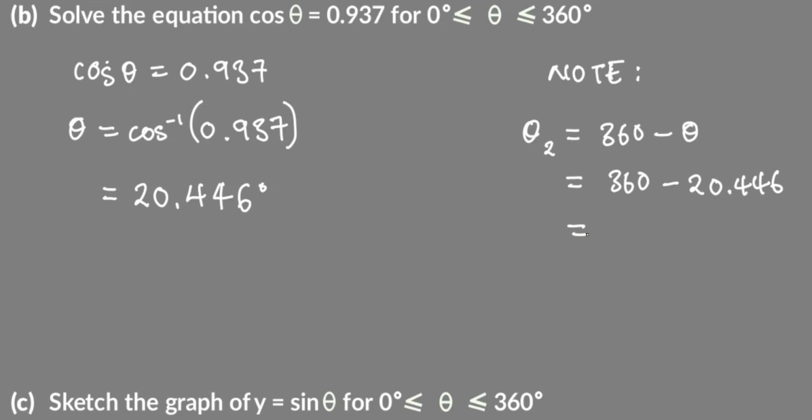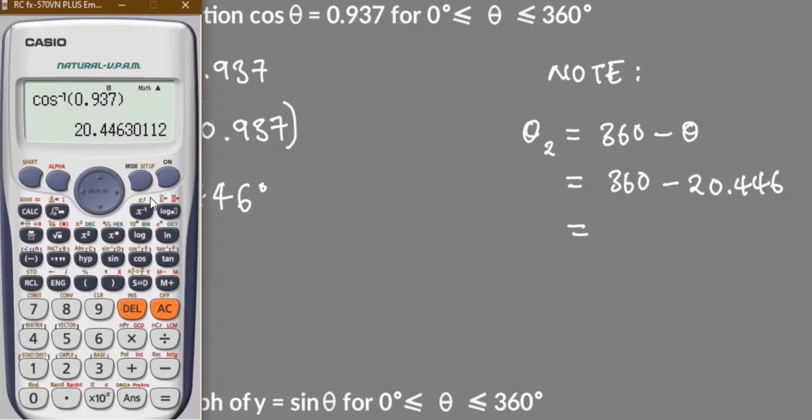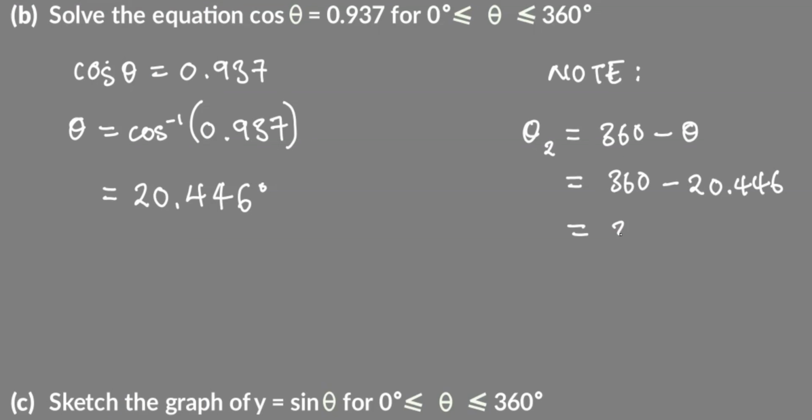Then we evaluate that. The value of theta 2 is going to be 360 minus 20.446, which is 339.554 degrees. You should note how we got our second theta.